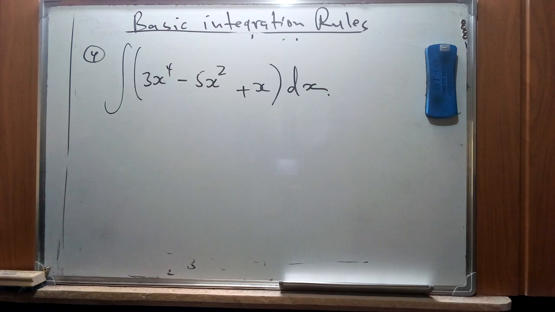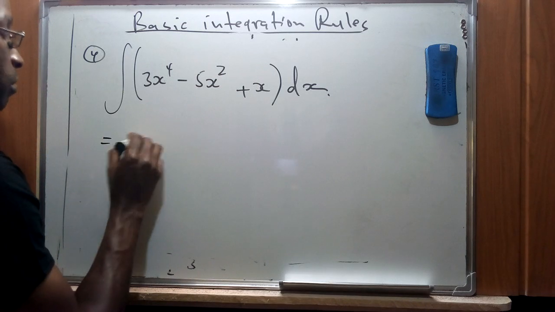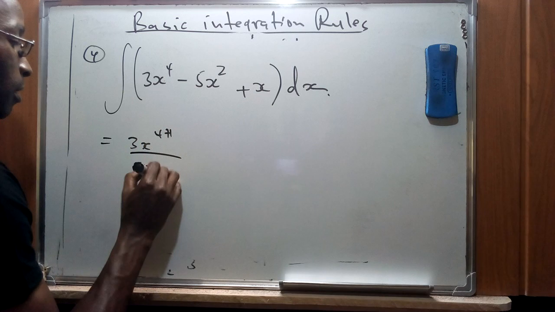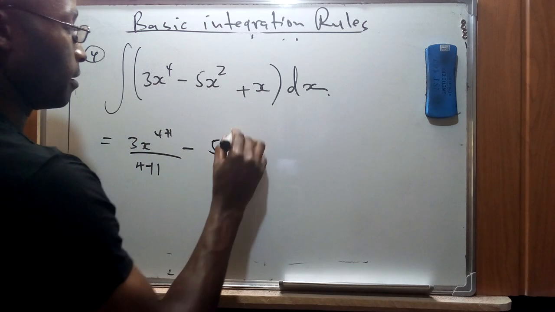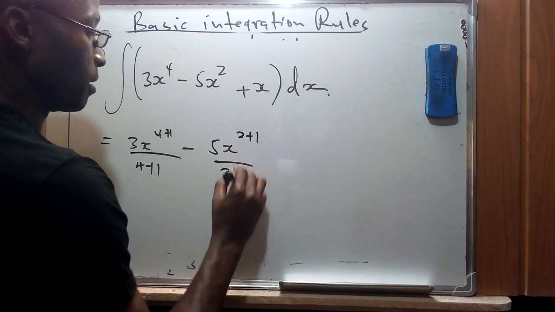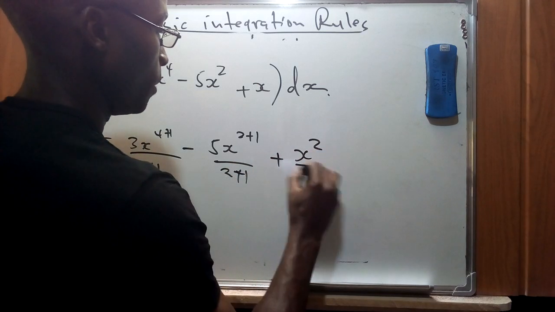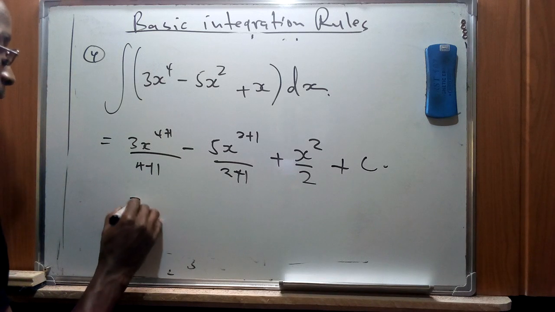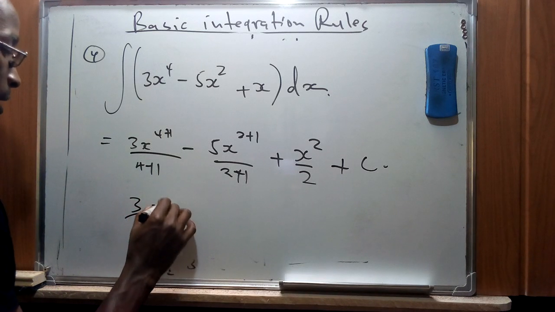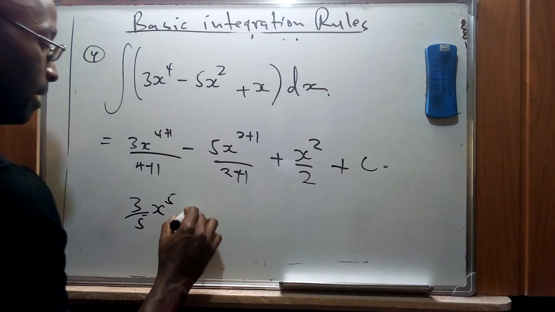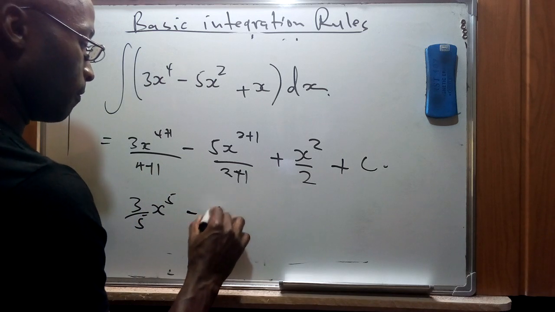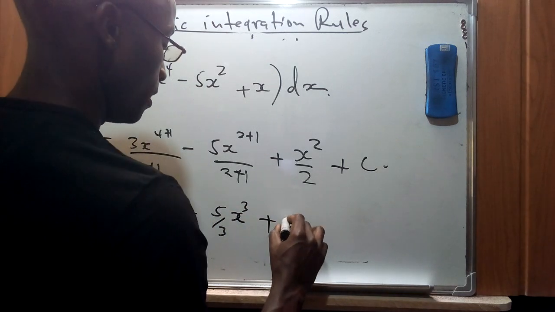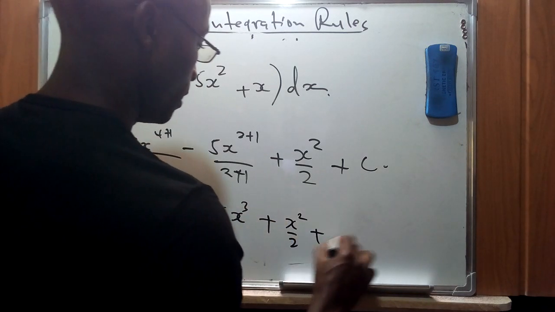So this is going to be 3x to the 4 plus 1 over 4 plus 1 minus 5x to the 2 plus 1 over 2 plus 1 plus x squared over 2 plus c. So this is going to be 3 over 5 x to the power 5 minus 5 over 3 x to the power 3 plus x squared over 2 plus c.